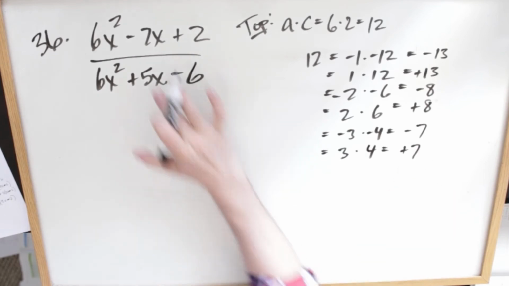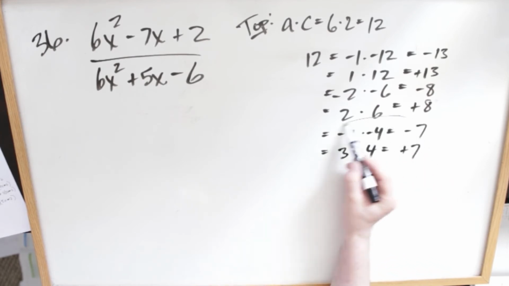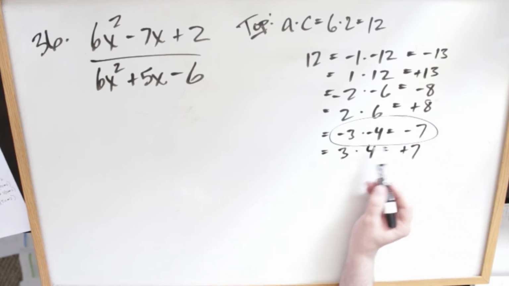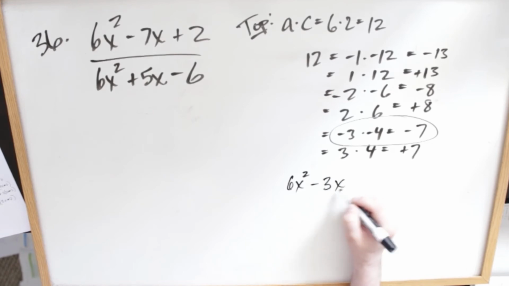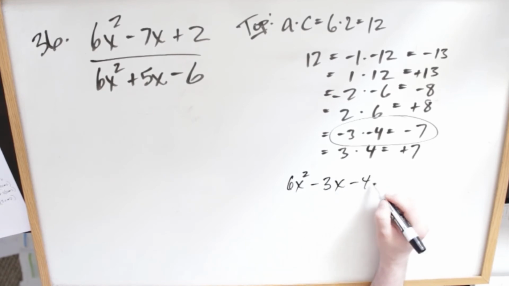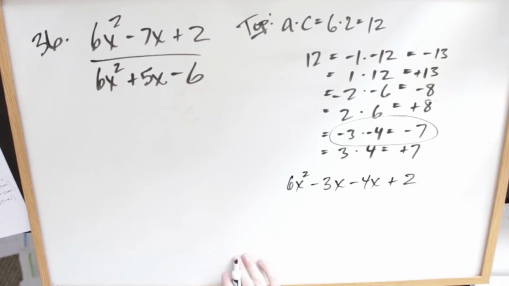This is a minus 7, not a 2, just so you're aware. Which means I'm going to use this one right here and these two factors. So we've got 6x squared minus 3x minus 4x plus 2. Okay?